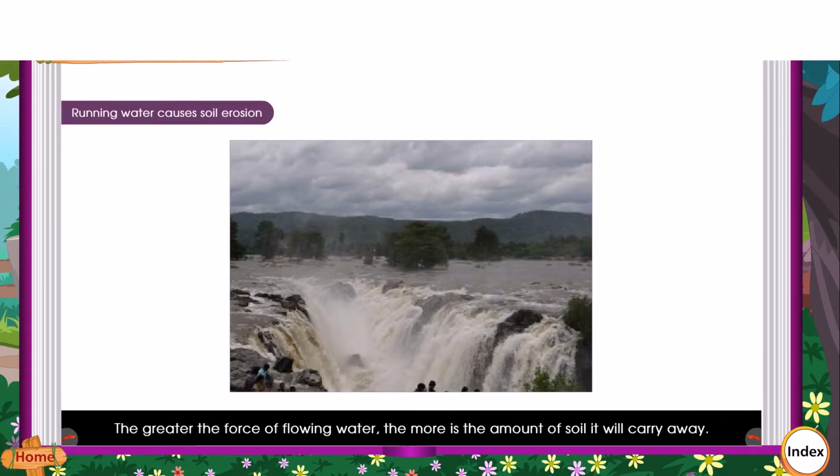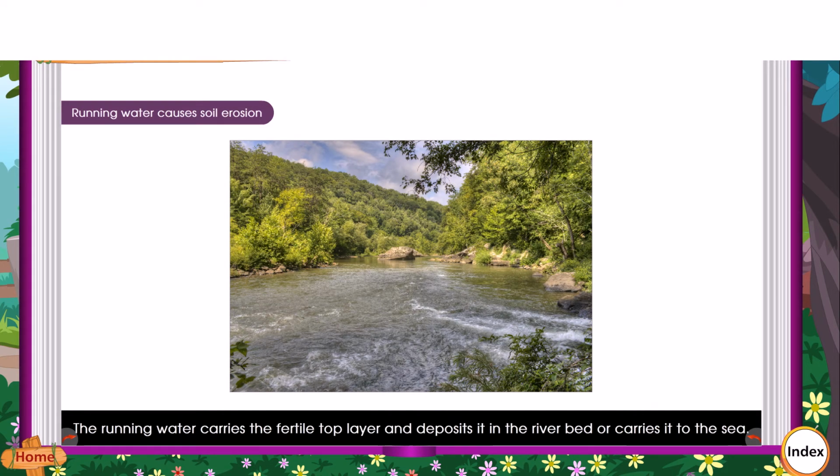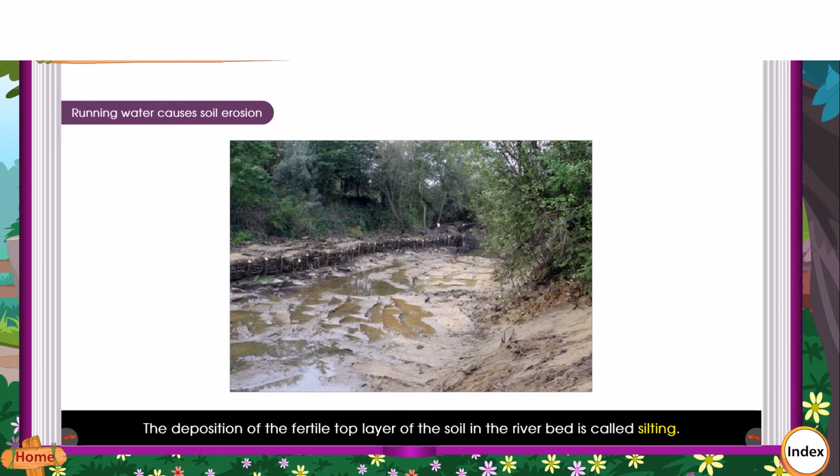The greater the force of flowing water, the more is the amount of soil it will carry away. The running water carries the fertile top layer and deposits it in the riverbed or carries it to the sea. The deposition of the fertile top layer of the soil in the riverbed is called silting.